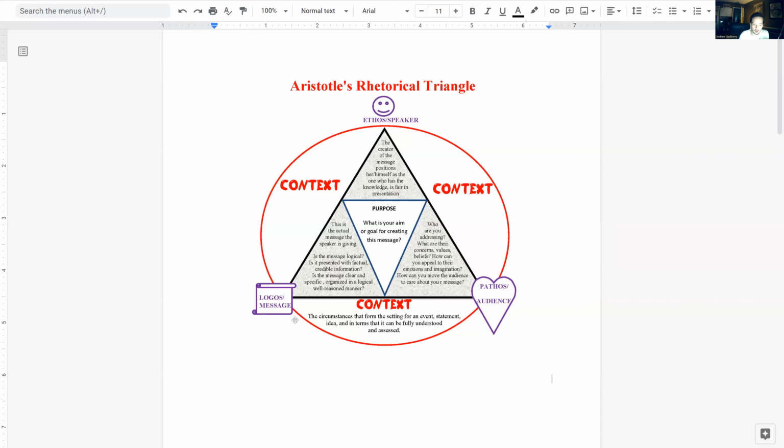This is what texts are. So now I just want to spend a little bit of time, this is already running a little bit long, on ethos, pathos, and logos. I do have a YouTube video I'm going to send out along with this one. There's going to be a breakdown, but just really quickly, pathos is the easiest one. Pathos is emotion.